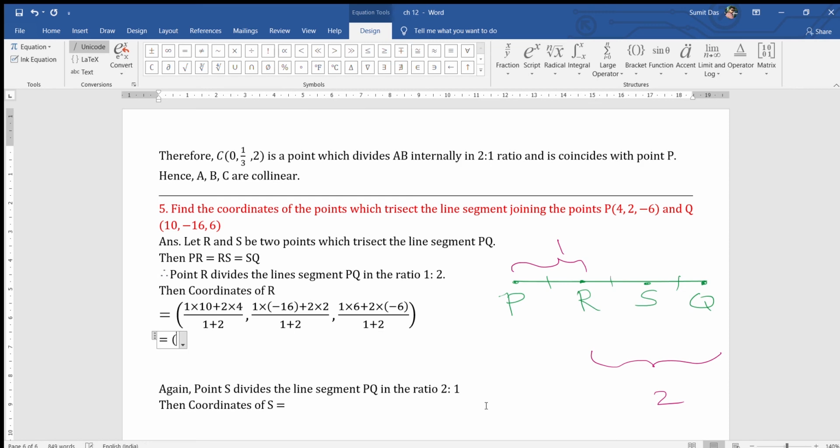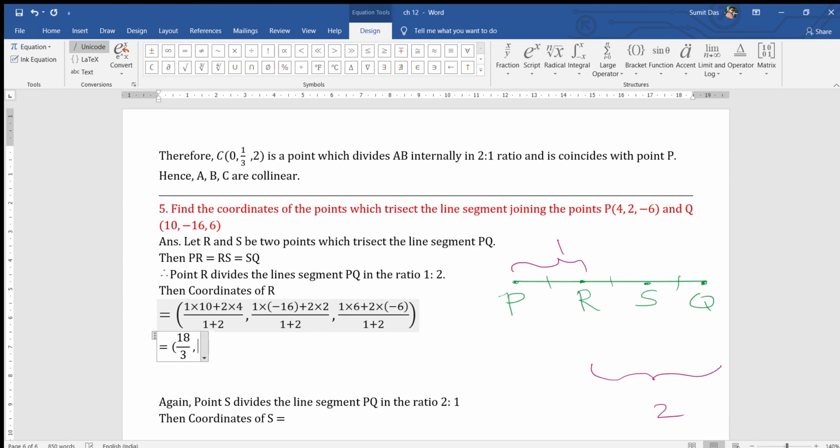If you simplify this one, it will be 10 and 4 into 2 is 8, so it will be 18 by 3. Then minus 16 plus 4 is minus 12 divided by 3. Then 6 minus 12, so it will be minus 6. Calculation you just check by yourself once. Okay, so this will be 3 comma minus 4 comma minus 2.